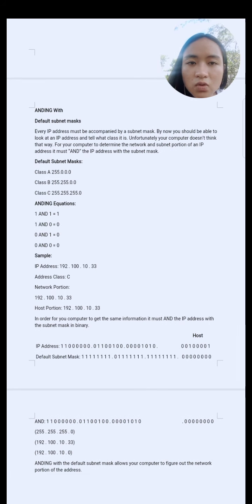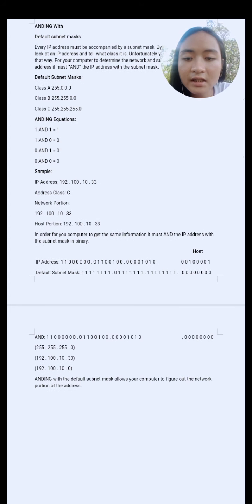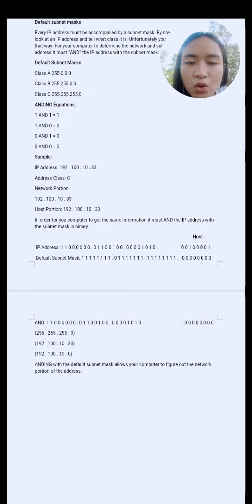So for an example IP address, say 192.100.10.33, its address class is C. Its network portion and host portion are worked out from it. In order for your computer to get the same information, it must end the IP address with a subnet mask in binary.